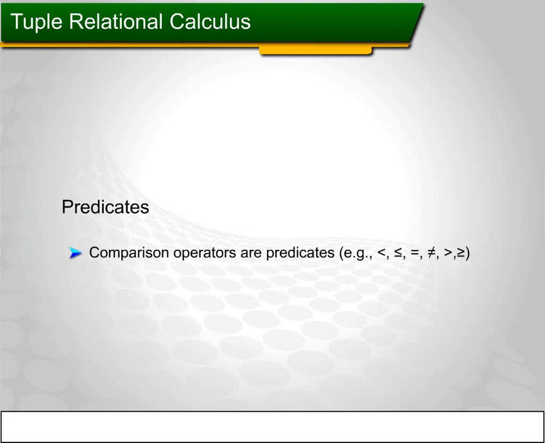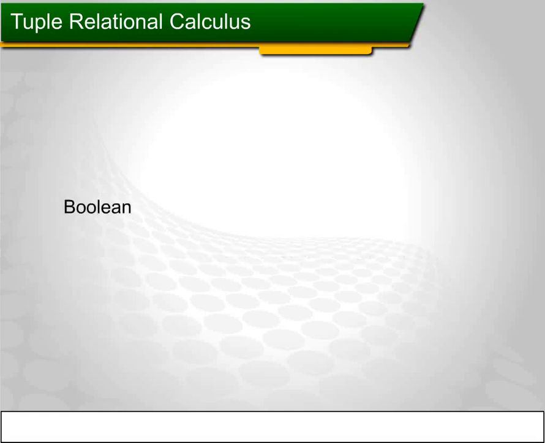Comparison operators are predicates. Example: less than or equal to, equals, not equals, greater than or equal to. Boolean. Logical connectives such as and, or, negation, implies are Boolean operators.